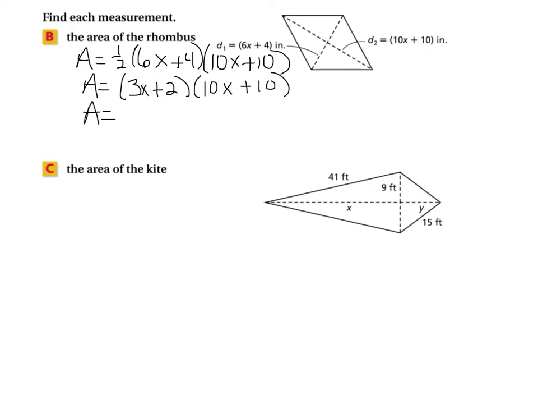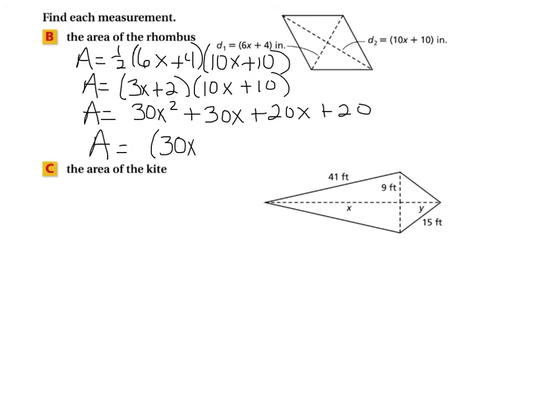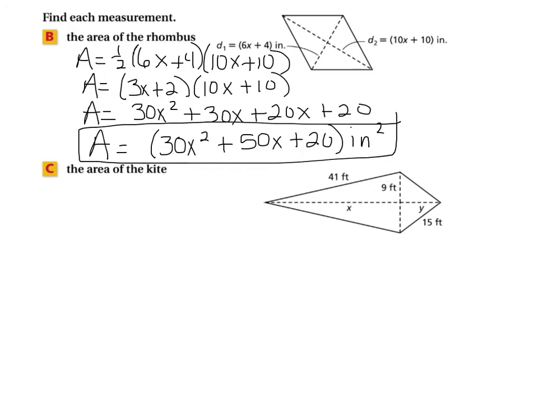And then I'm going to FOIL. That would give me 30x squared plus 30x plus 20x plus 20, which would give me 30x squared, combine like terms, plus 50x, plus 20 square inches.